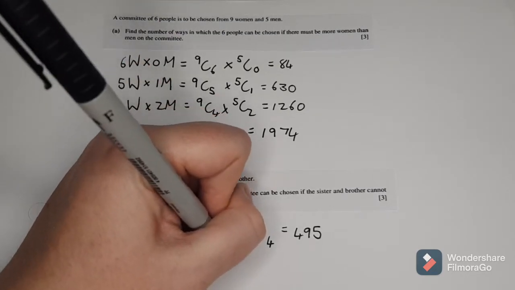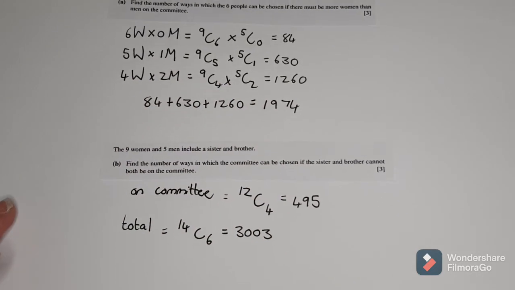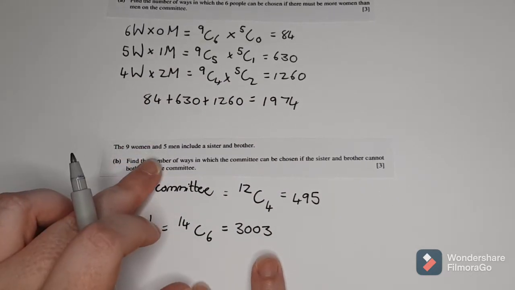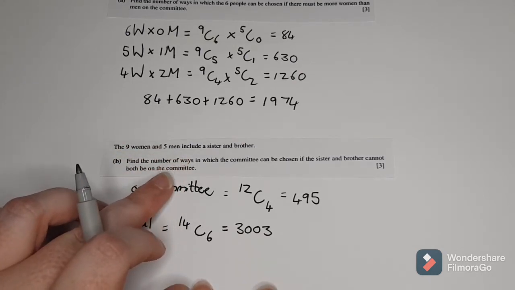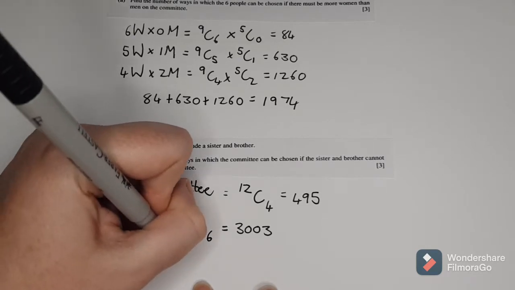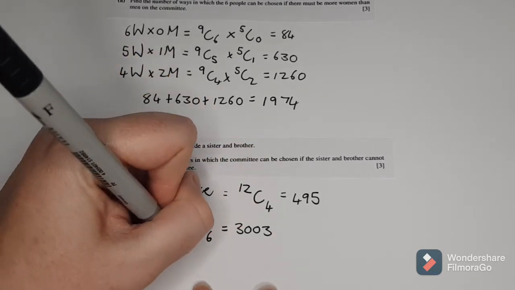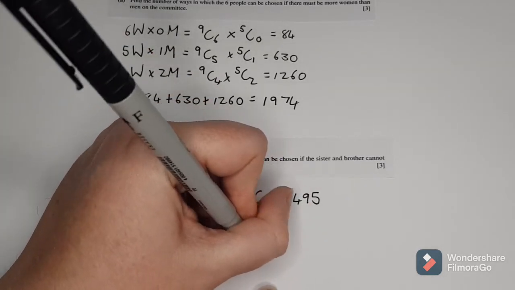So when we type that, we get 3003. So now, when I want the number of ways that we're going to have the committee without the brother and sister together, it means the total minus when they are both there, to give me my final answer.